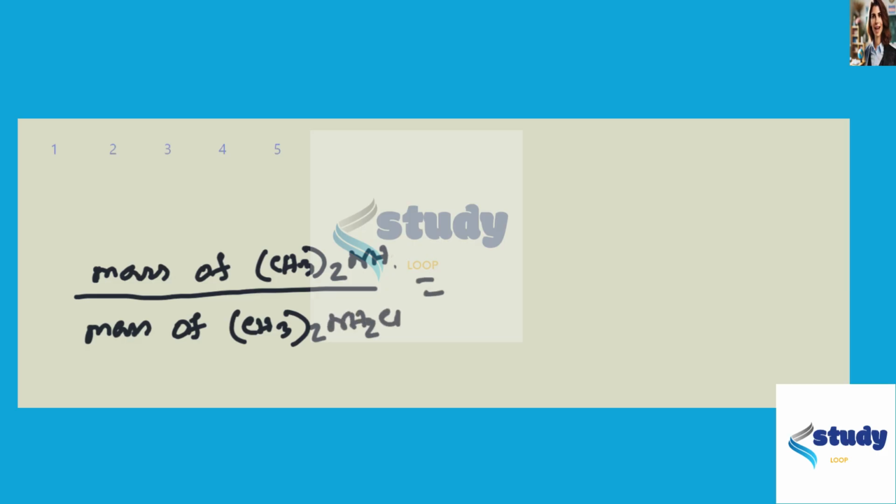We will get this value as 0.28, and since it's a ratio, it will not have any unit here. So this is the mass ratio of dimethylamine to dimethyl ammonium chloride to form a buffer solution of pH 10.43.